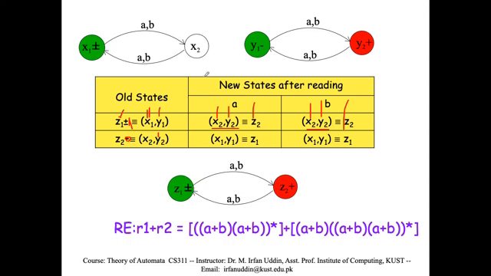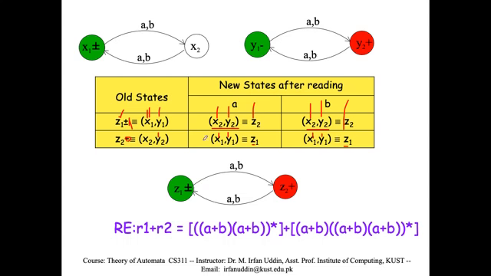Now x2 reading A, we go to x1. y2 reading A, we go to y1. x2 reading B, we go to x1, and y2 reading B, we go to y1, and it's the same as Z1.